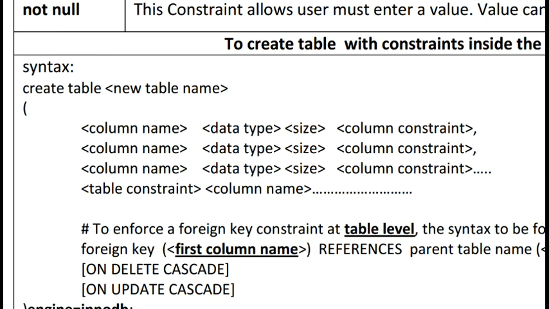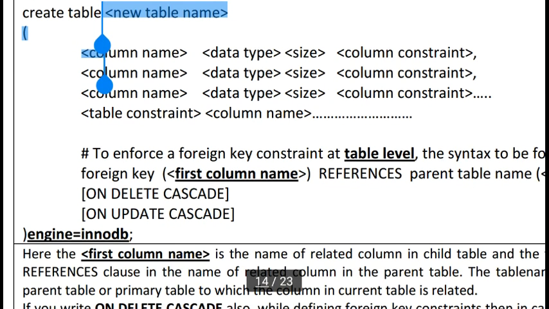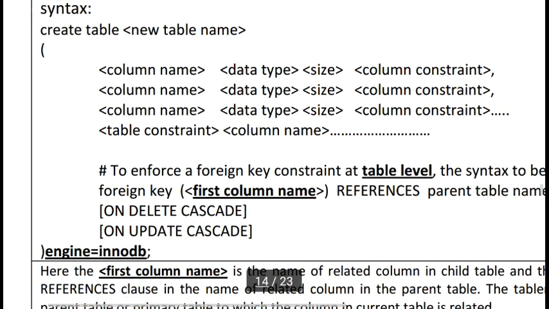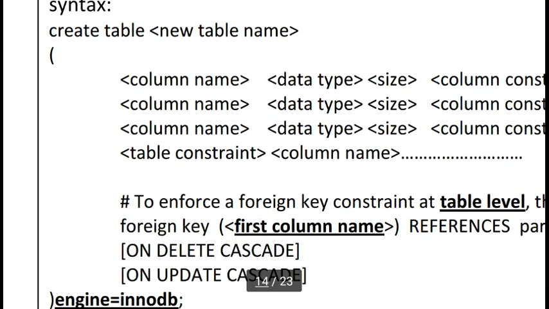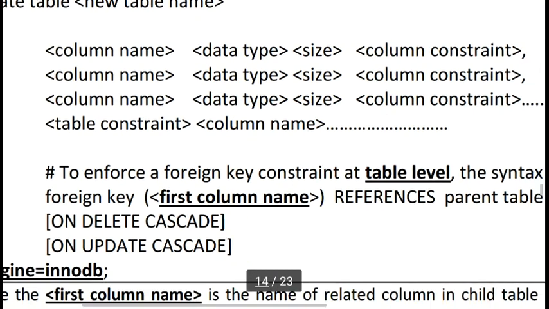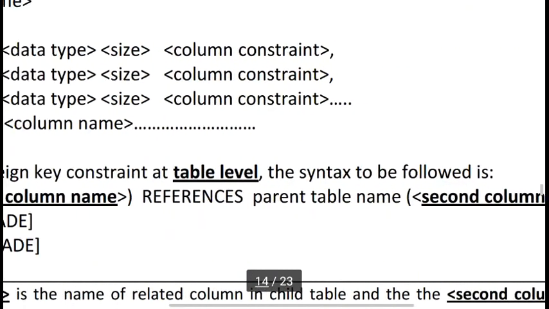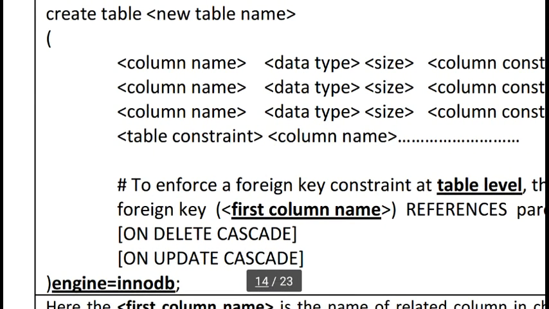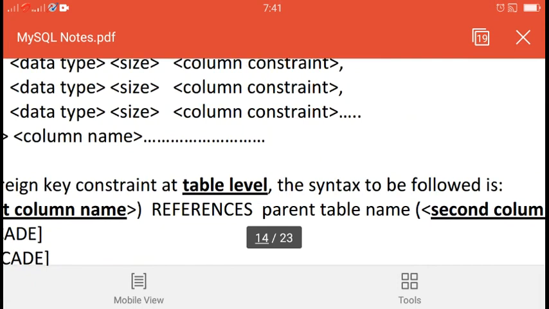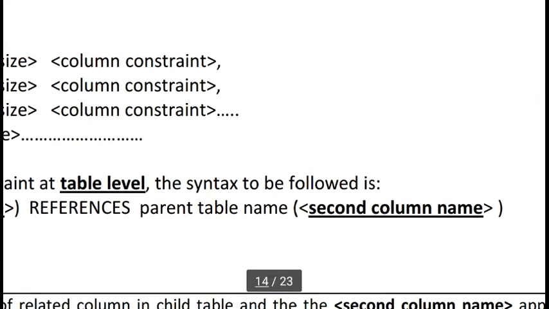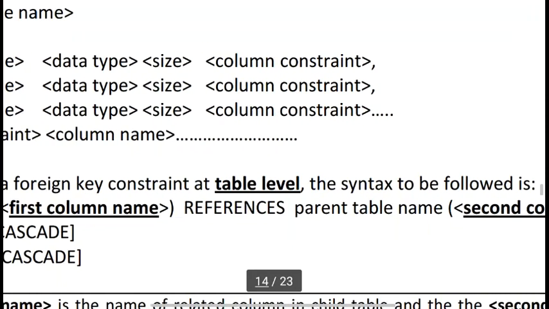Finally, we can use our table constraint rules. Suppose we have a particular table, we can also use a foreign key constraint. To enforce a foreign key constraint at the table level, the syntax to be followed is: we use foreign key and our foreign key column name, then references and the parent table name, then the column name and closing the bracket.